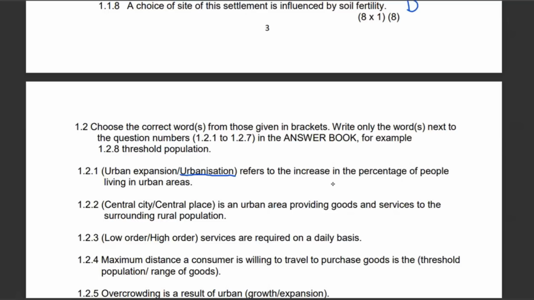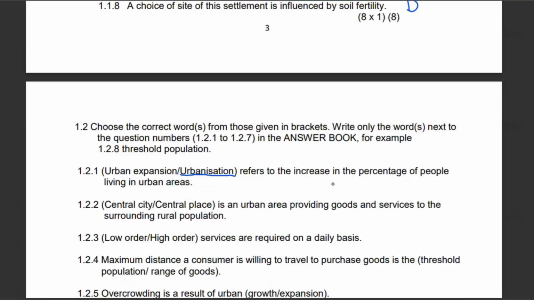Urban expansion is the physical growth of the urban area. When the urban area is physically growing, is expanding, we have more buildings being introduced to the urban area. The space coverage of the urban area is expanding. That is urban expansion. So correct response is urbanization.